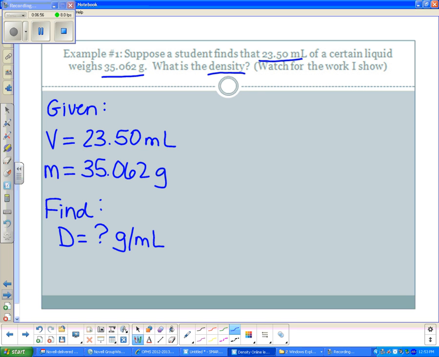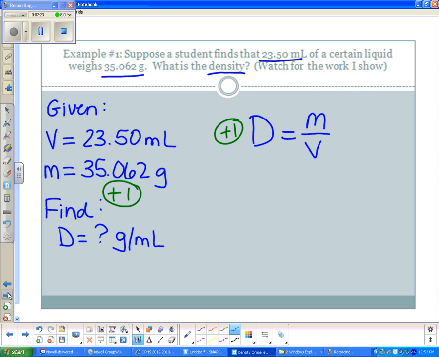If you show all of this work right here, given and find, you will earn 1 point on every single problem. The next thing I want to see you do is write down our formula. D equals M over V. If you write that down, you will get 1 point for your problem.